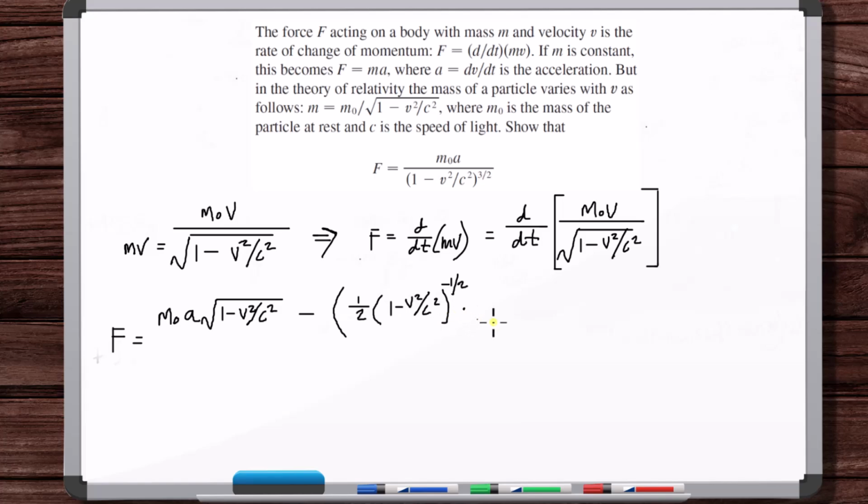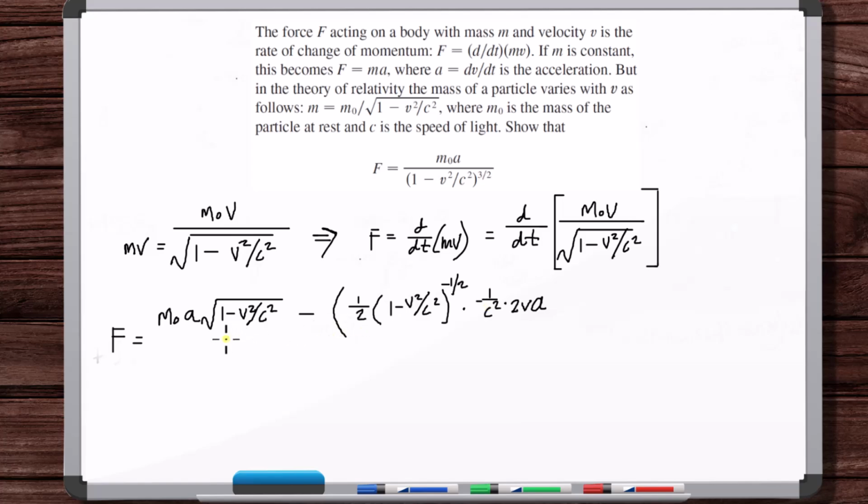So 0 minus, and then the derivative of v squared over c squared with respect to t is 1 over c squared times 2v dv/dt, which is acceleration.